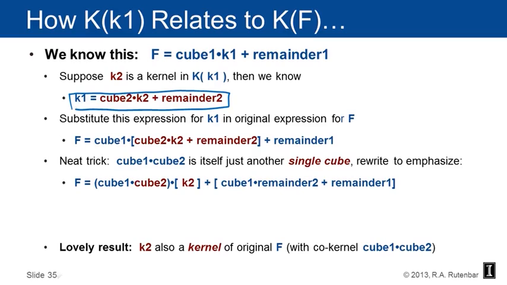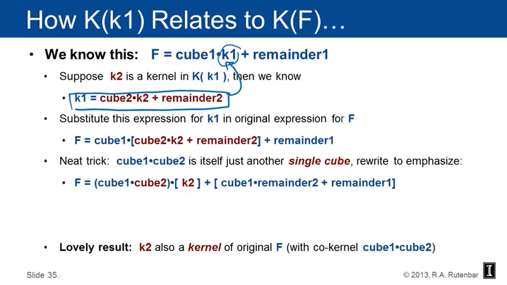Why don't I substitute that expression back into the original equation, the one I started with, and then expand it all out? Well, if I do that, then I'm going to find that F is cube 1 times cube 2 times K2 plus remainder 2 plus remainder 1.